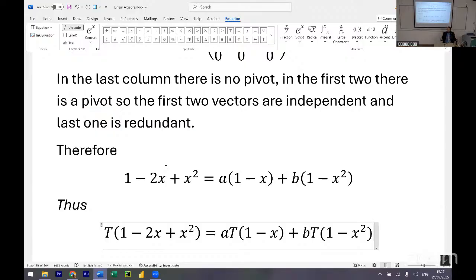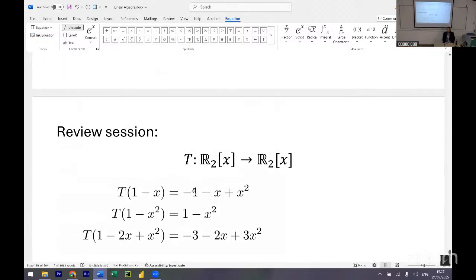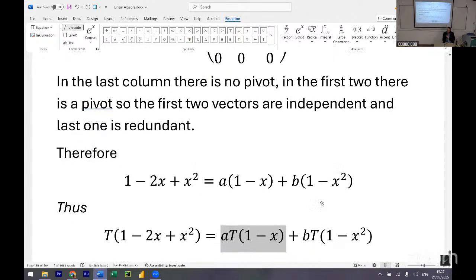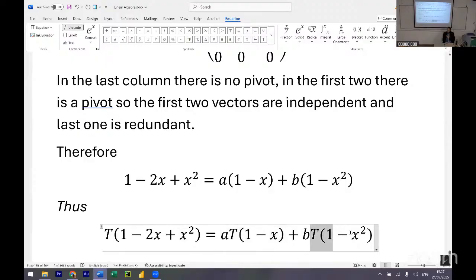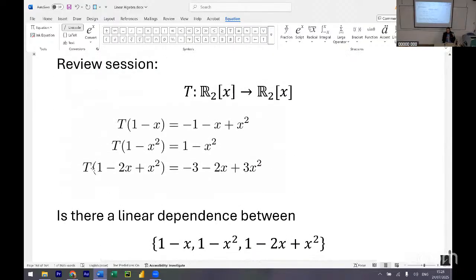Okay, agreed? But you're given in the question T of 1 minus x, and you're given T of 1 minus x squared. A and b are calculable. We can find them.